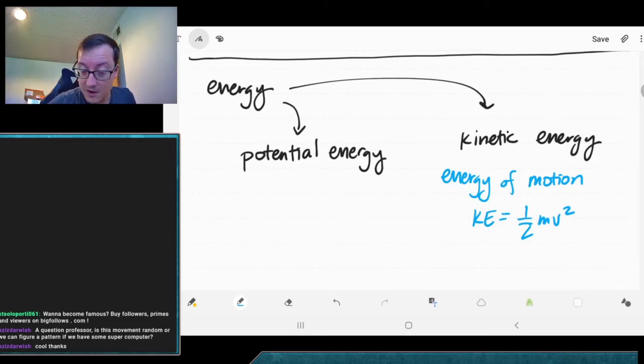Don't ask me, I'm not a physicist. We're never going to use this formula, so don't worry about that. But it's related to the mass and the velocity. So how big something is, how much mass it has, and how quickly it's going. That's the kinetic energy of it. So it's just the energy of motion. So how much energy is associated with a moving object.